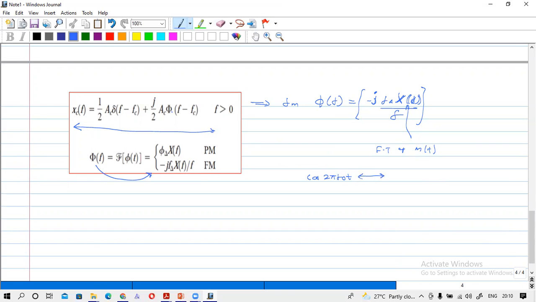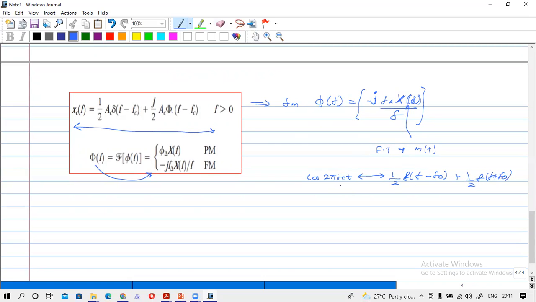We have derived this, so you can go through that lecture and find it. For signals and systems also we have derived that cos 2πf0t is half delta(f minus f0) plus half delta(f plus f0).